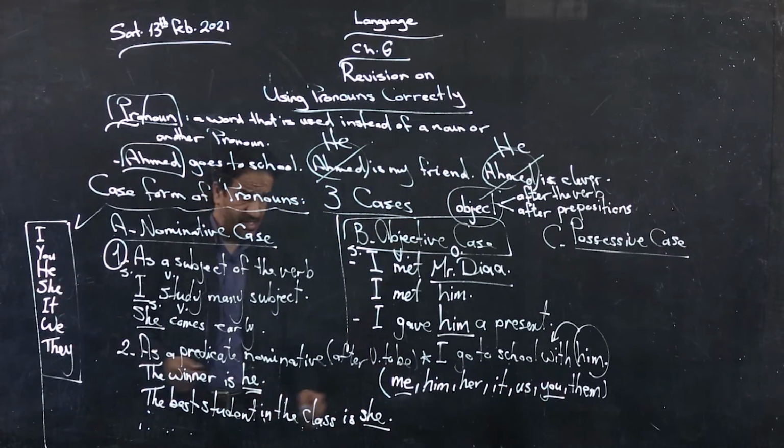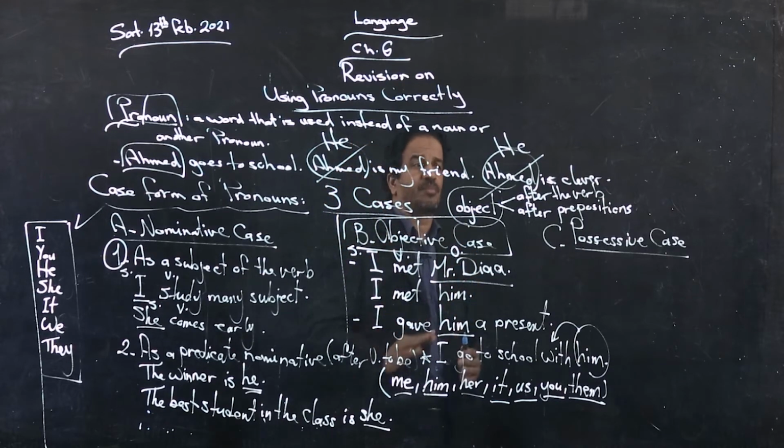He, him. She, her. It, it. We, us, and they, them. So now the nominative case and the objective case of the pronouns are clear. Again, the nominative case comes as a subject of the verb or as a predicate nominative after verb to be. The objective case comes after the verb or after the preposition.